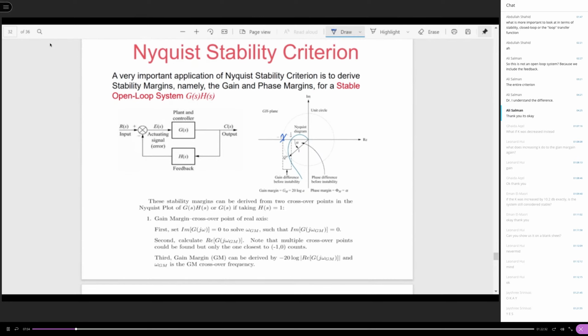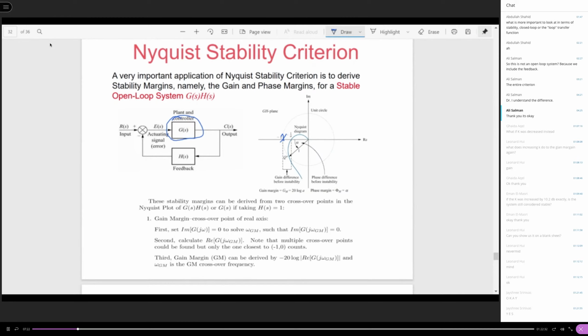So one good question is, if we try to modify the Nyquist plot of G(s), we can only have two ways to affect it, right?